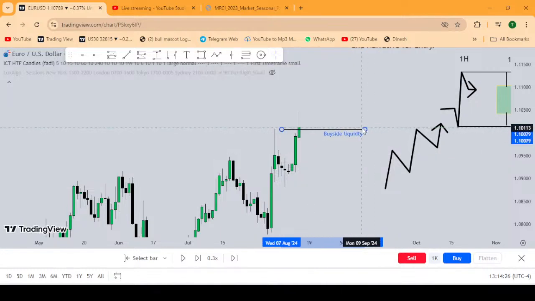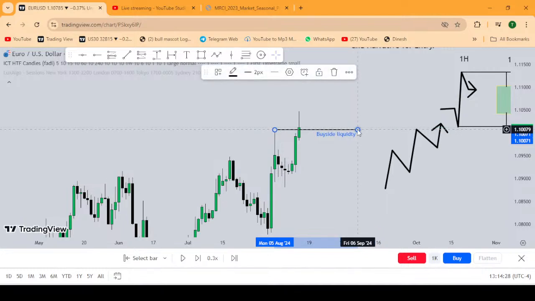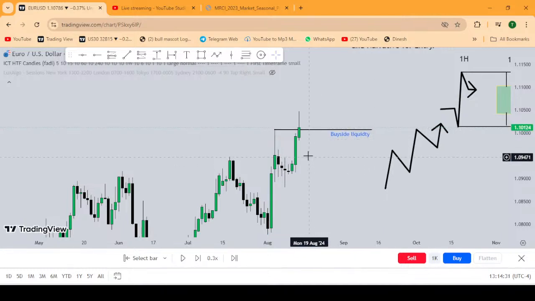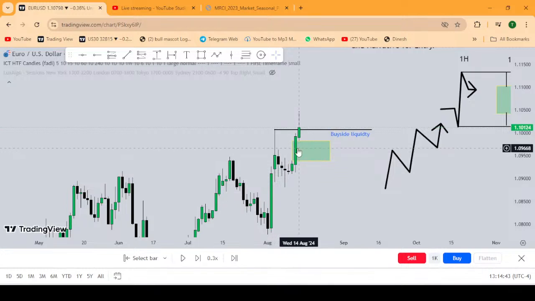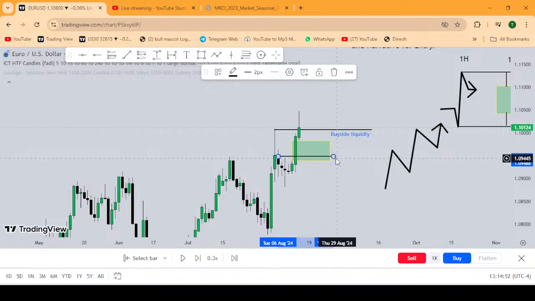So when we mark this and then put this well like this, what is inside here that can hold price to continue going higher? We have a fair value gap. So this fair value gap here is our next area of interest. What else do we have inside here? We have an order block. Okay, so there is an order block in line with the fair value gap, making it even more high probability.